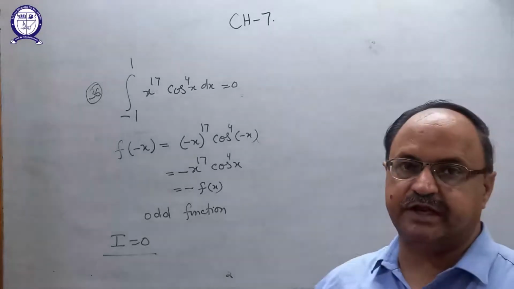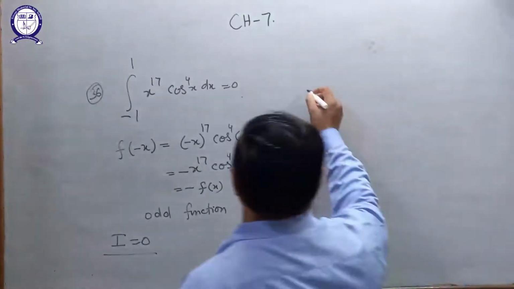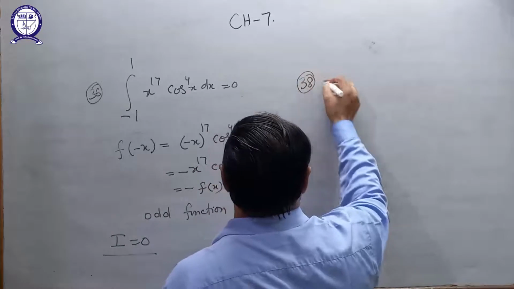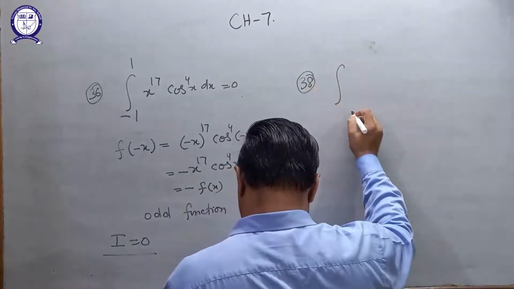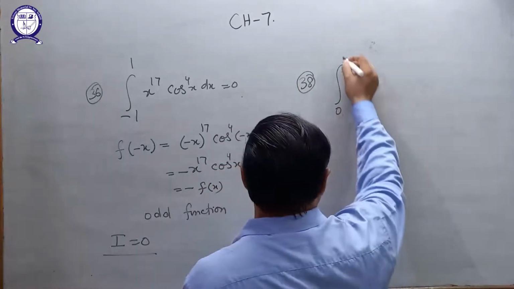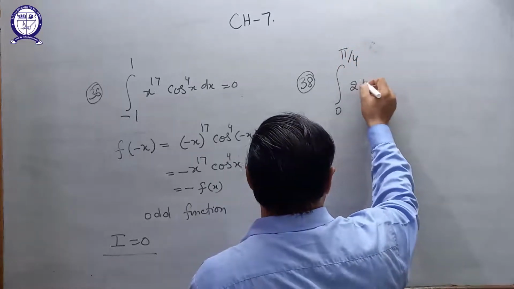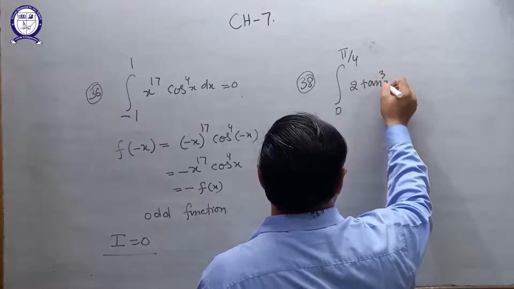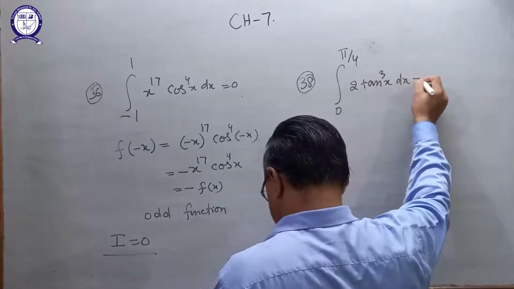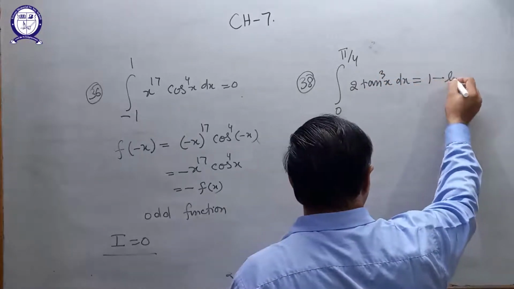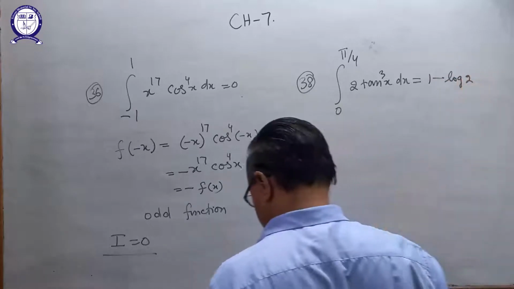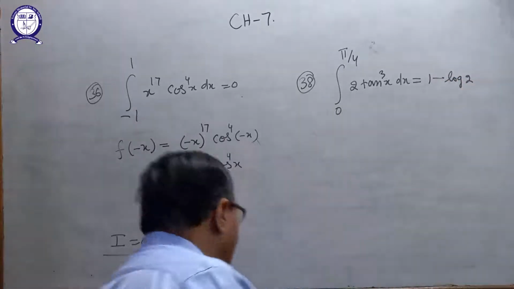Next, question number 38. Integration 0 to pi by 4 of tan cube x dx. Prove that this is equal to 1 minus log 2.